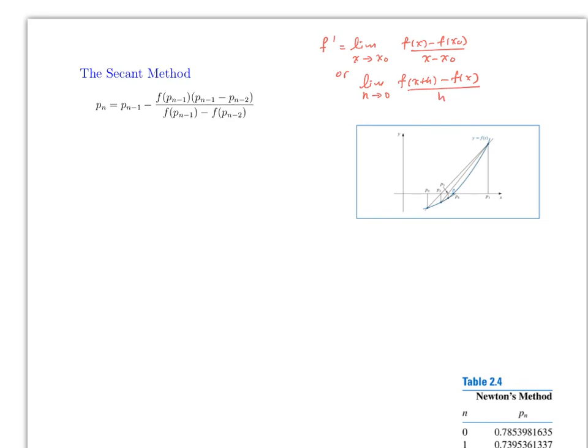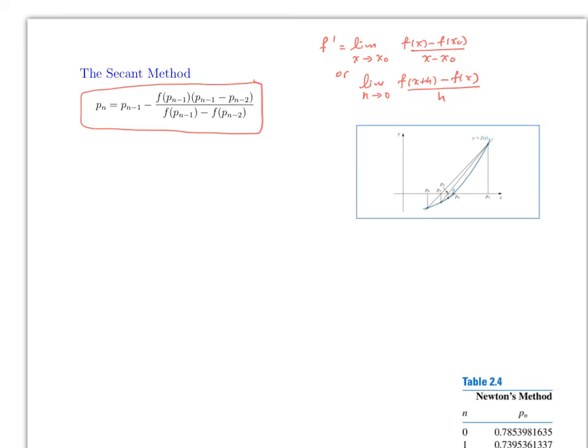So instead of using the actual derivative, which is this limit, we'll just use this, which is the slope. Once we substitute this for the derivative, you will get this formula. I'll show you how to get it in a little bit. But this is technically Newton's method modified, where the derivative is replaced by just the slope of 2 points.